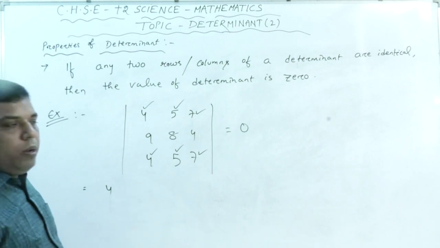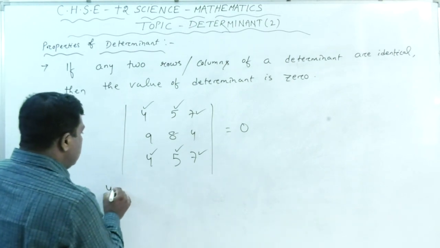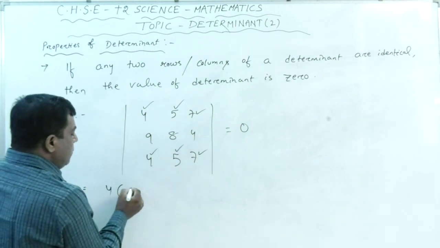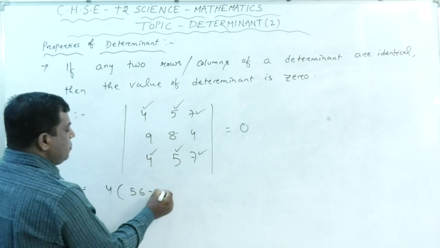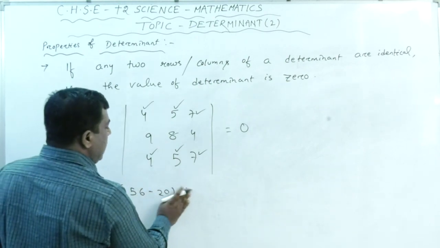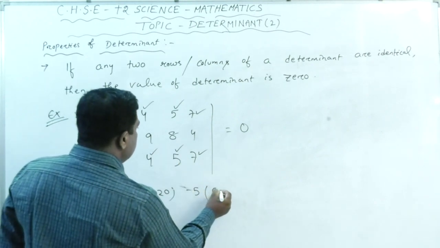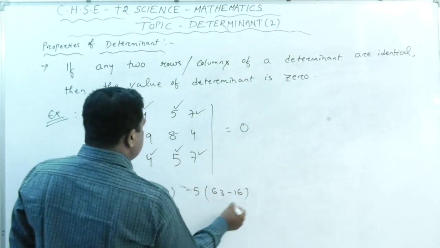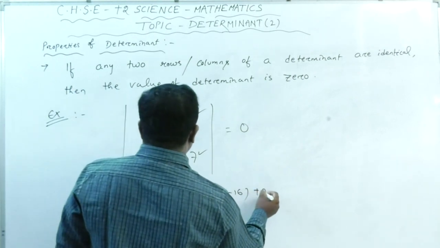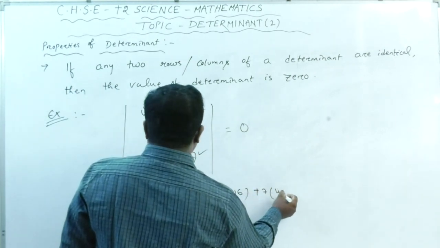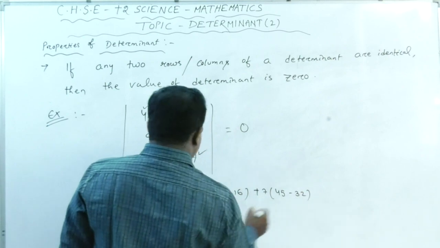But if somebody goes for verification, then he can say it is 4 times of 56 minus 20, 5 minus 5 times of 63 minus 16 plus 7 times of 45 minus 32. Okay?